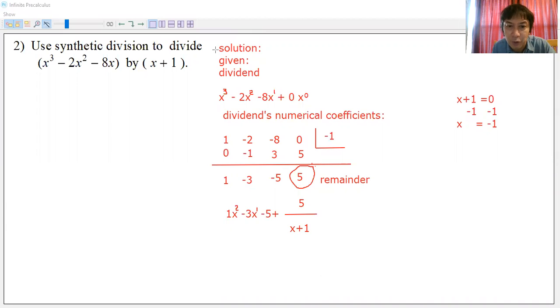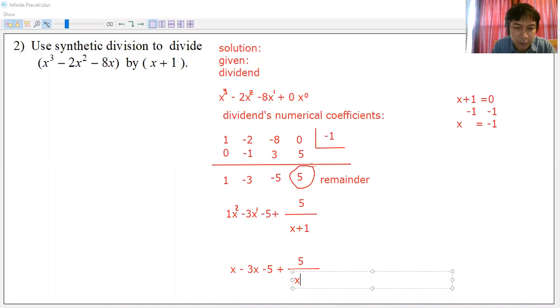Now we don't usually write it this way. We only write the answer. We write the answer like x squared minus 3x minus 5 plus a fraction line here, and here we write the positive 5 over x plus 1.